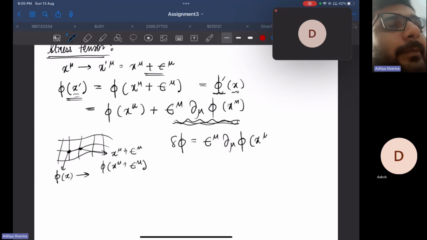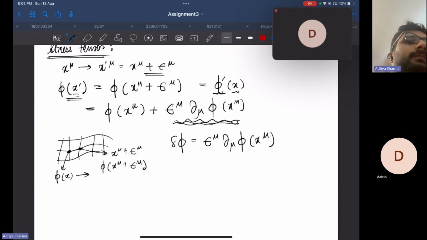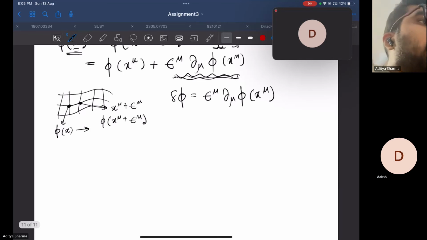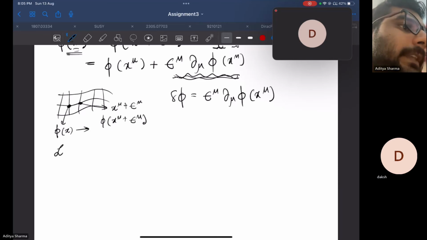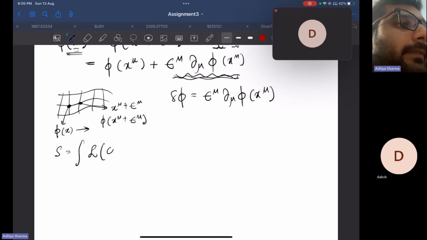Now, the Lagrangian inside the action, okay, if I write the action, Lagrangian is a function of the fields, which is again the function of the space-time points, right?